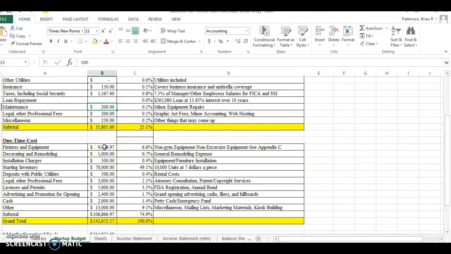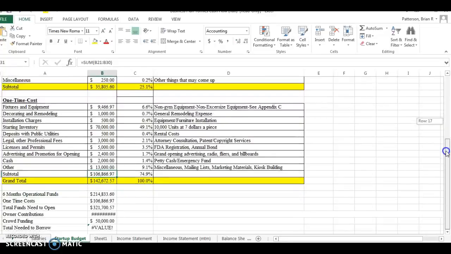So put these numbers in: how much it costs for the fixtures and decorating, your audio equipment, the chairs, everything to decorate the place. The Excel sheet is going to add these up and come up with a grand total. So this is $35,000 a month at the top, and this number right here was $106,000 for the one-time cost.